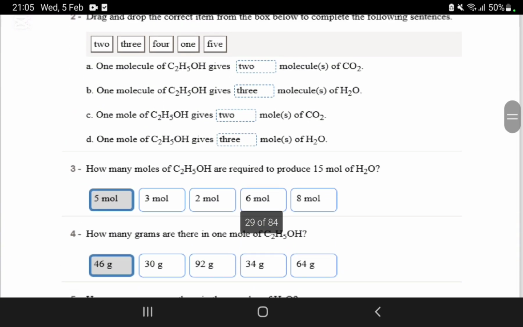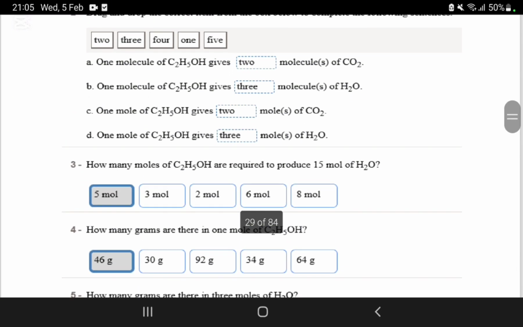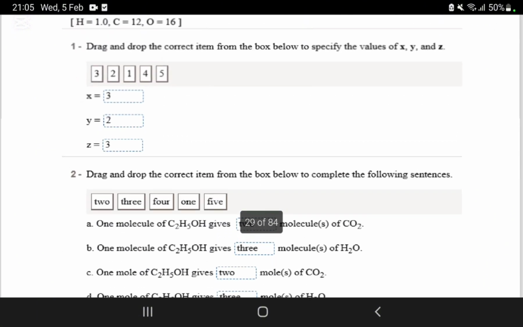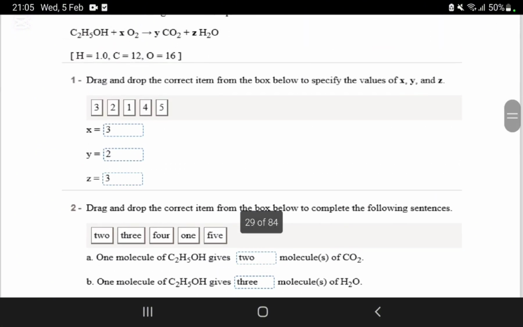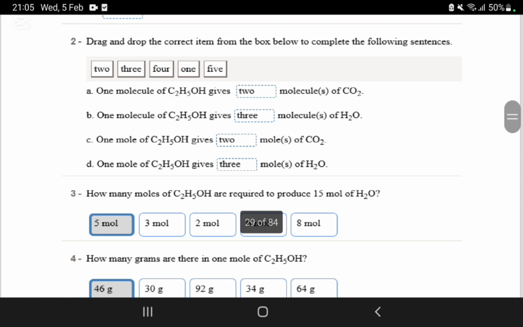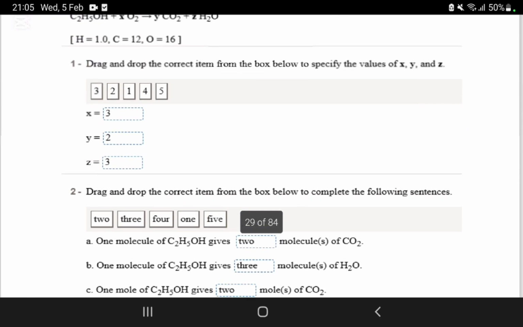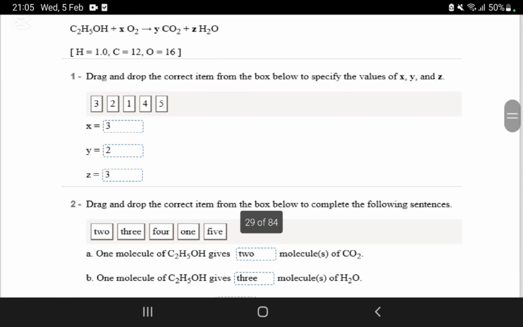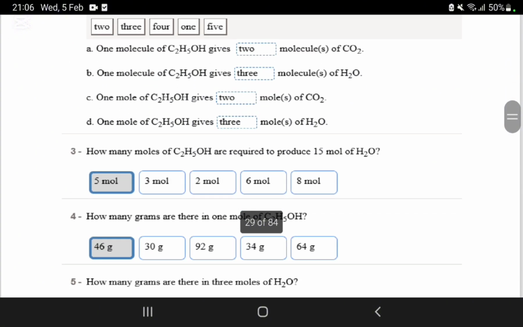And then, okay, so 15, so H2O will have a coefficient of 3, right? So we're gonna have to multiply C2H5OH by 5 also.